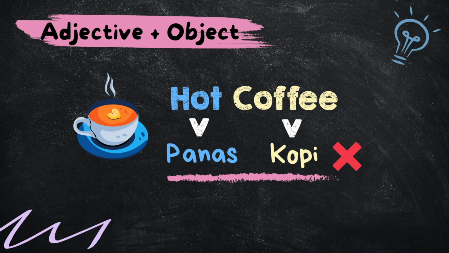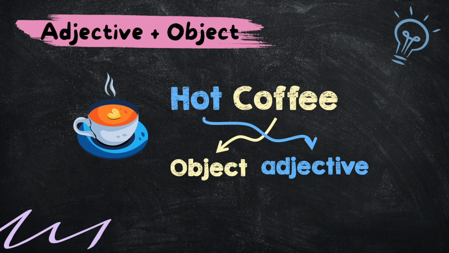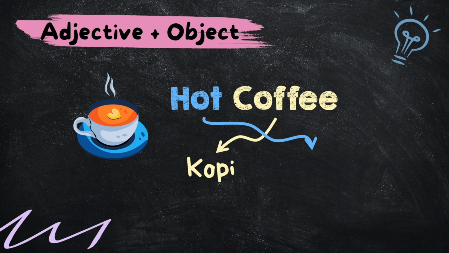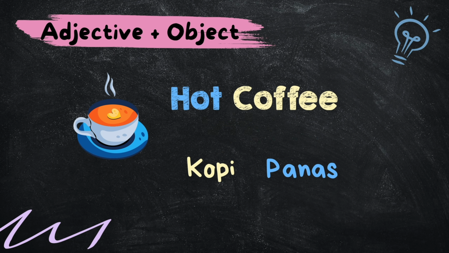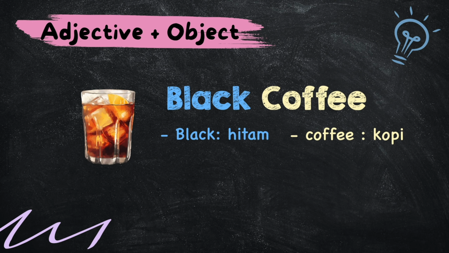In Bahasa Indonesia, the structure is object first and put the adjective after the object. So, hot coffee is kopi panas. And black coffee is kopi hitam. Hitam means black.